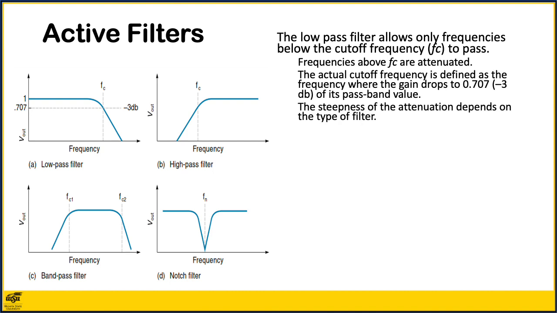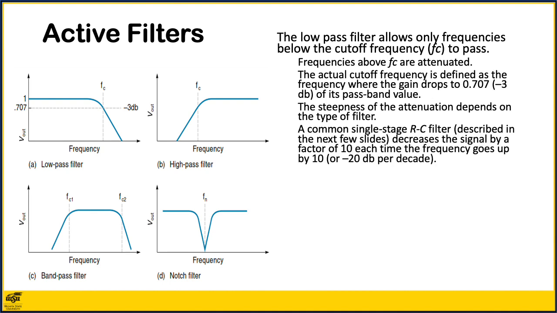The steepness of the attenuation depends on the type of filter. A common single-stage RC filter, described in the next few slides, decreases the signal by a factor of 10 each time the frequency goes up by 10, or minus 20 dB per decade.